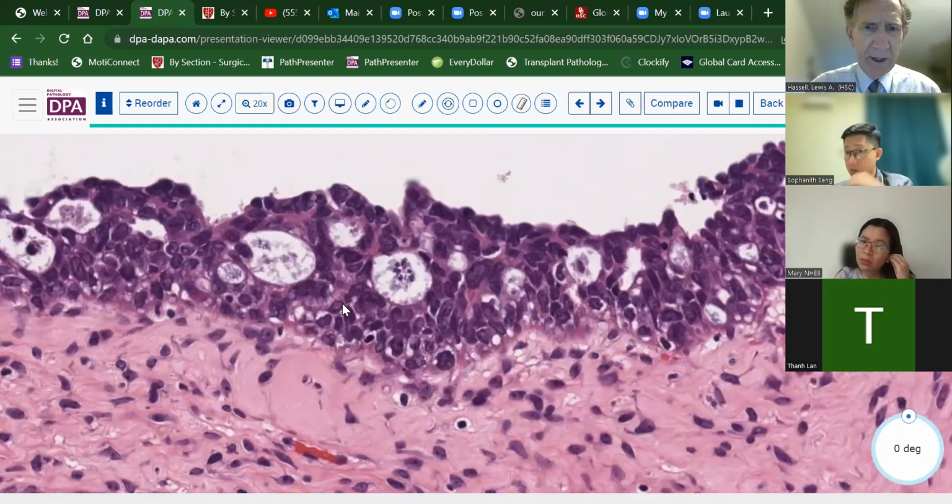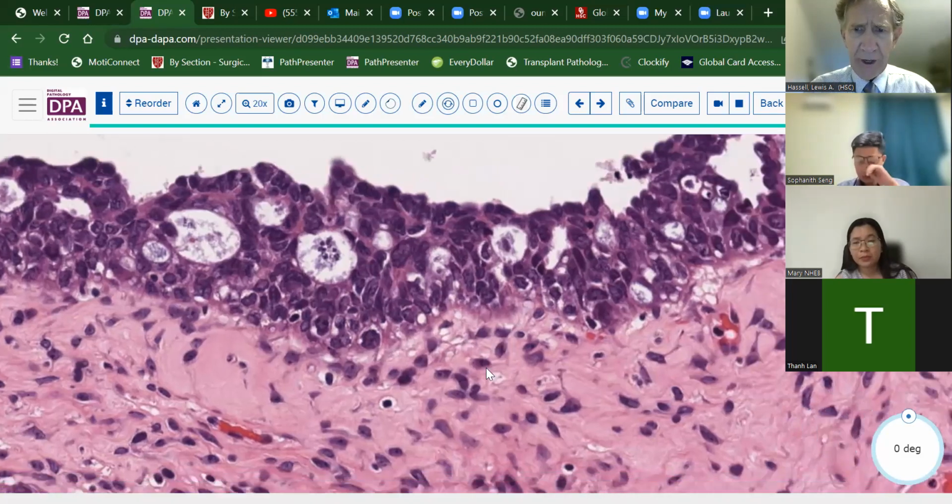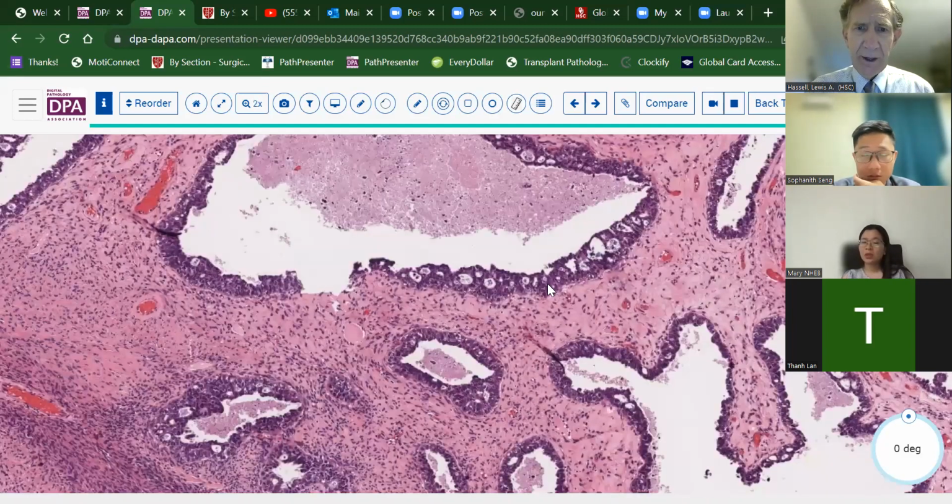And so looking at these nuclei, you might think, well, these are not low-grade nuclei. They are a little bit higher grade than, say, the usual low-grade serous nuclei. And I think it may have been that nuclear grade which persuaded me on the biopsy to classify it as high grade. But in fact, this is the cribriform variant of a low-grade serous carcinoma.